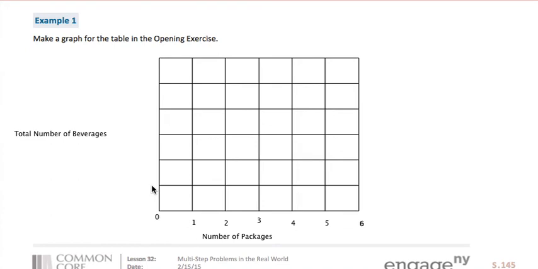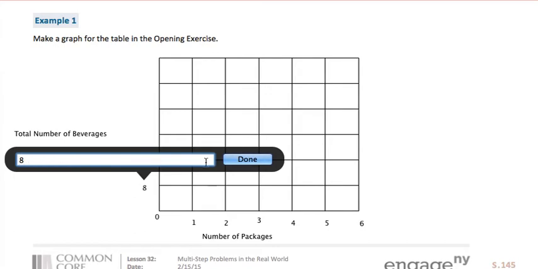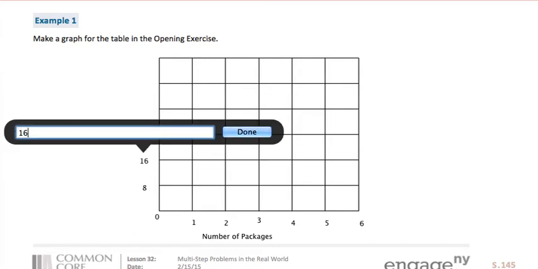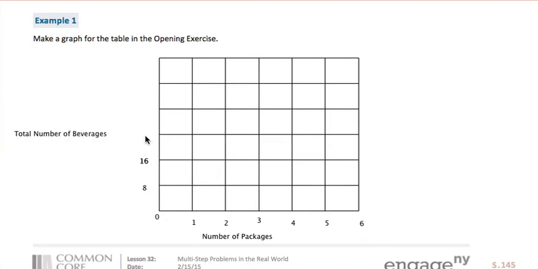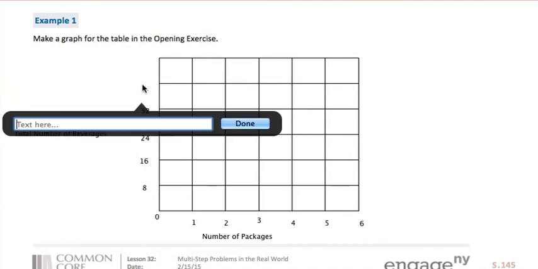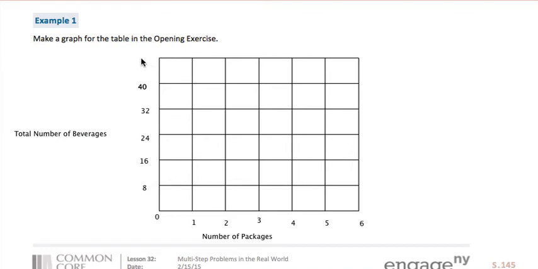And then on our y-axis, following the same pattern that we had in our table, we're going to go up by 8s. So we'll have 8, 16, 24, 32, 40, and then on the top would be 48.